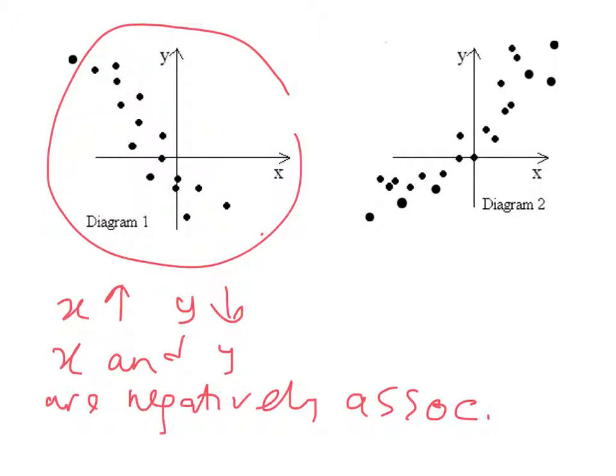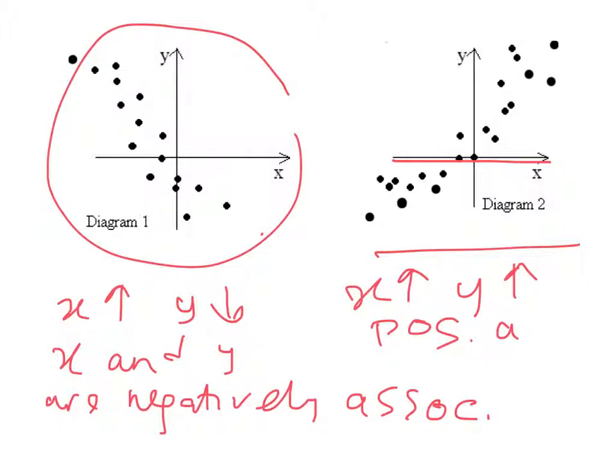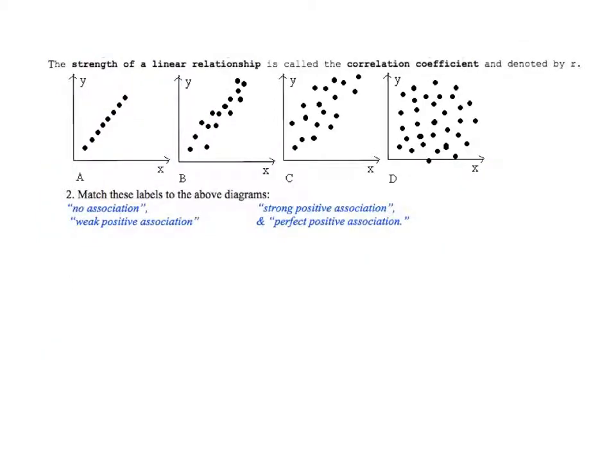In this particular set of data, as X increases over here, Y also increases. So X and Y are positively associated, or the trend is positive. The strength of a linear relationship is called the correlation coefficient and is denoted by the symbol R. So here, the emphasis is linear relationship.